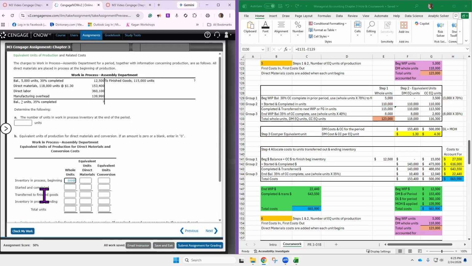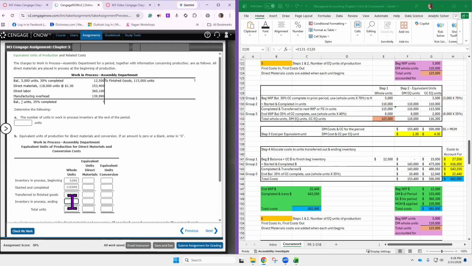We've got 5,000 in whole units. We know the transferred to finished goods is 115,000, and we plug in 110,000 for started and completed so this adds correctly. Then the ending inventory we're waiting for, but our total units we know is 123,000. And then we can find the missing piece, the ending inventory units.